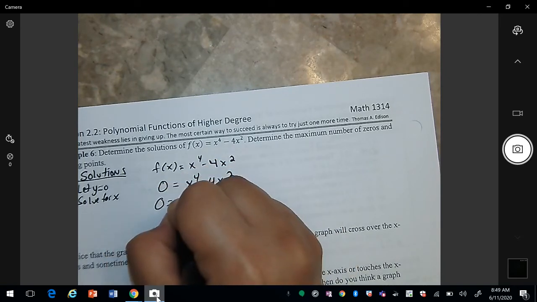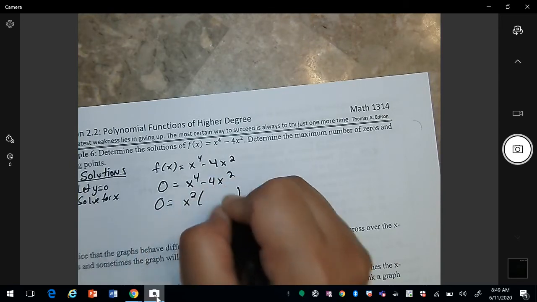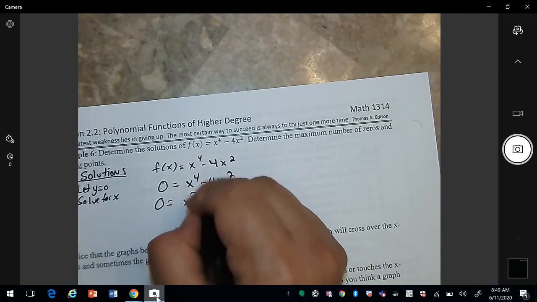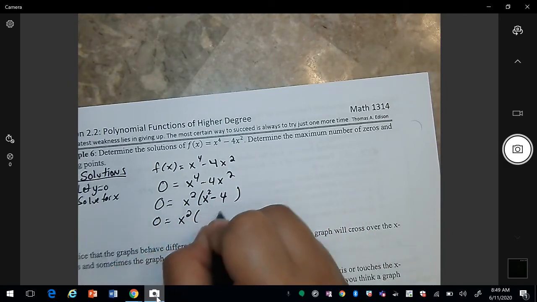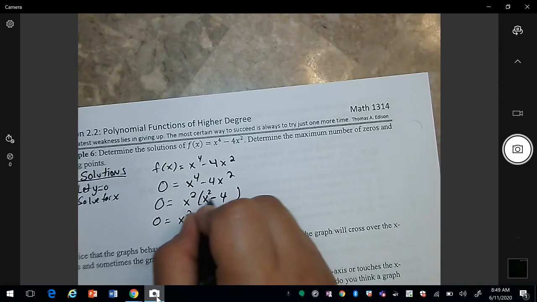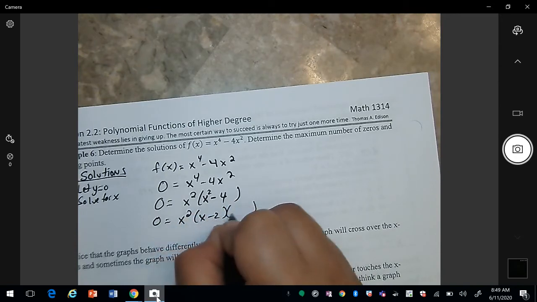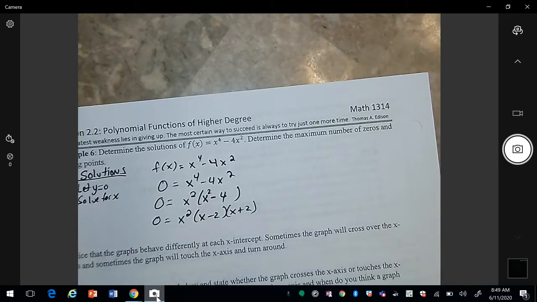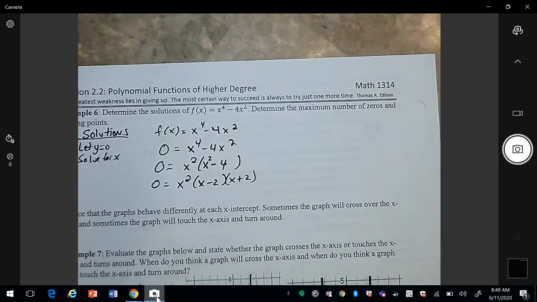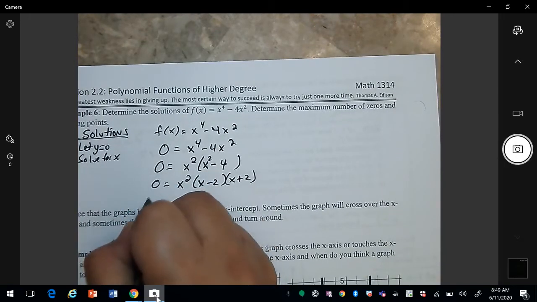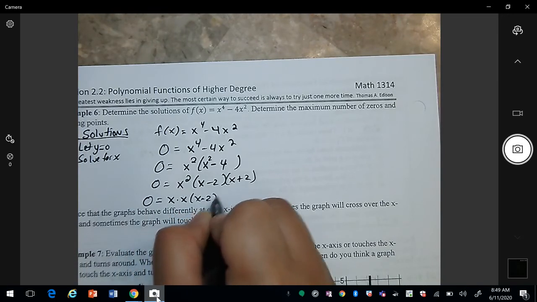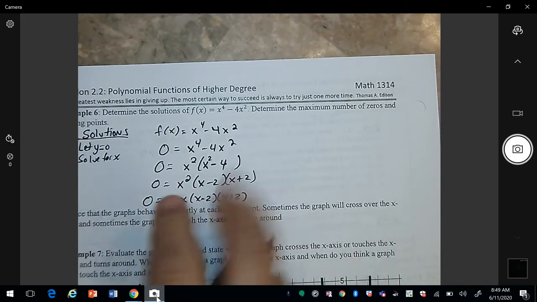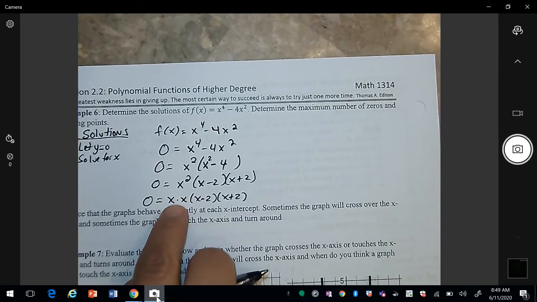I can factor out an x squared. If I take an x squared out of here, I get x squared minus 4. Try to factor this parentheses. This is a difference of perfect squares, so I'm going to have x minus 2 and x plus 2. This x squared can be the same as x times x, and I write it this way so that we don't forget that there's actually 2 here.